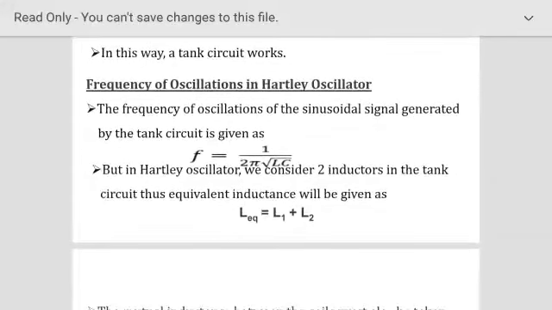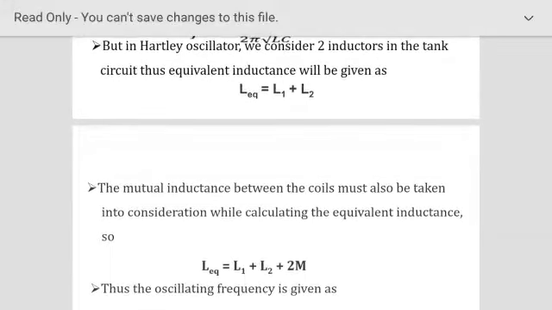Here, to measure the frequency of oscillations, the one mathematical formula we use in Hartley oscillator is f = 1 / (2π√(LC)). Here in Hartley we consider two inductors in the tank circuit, so the equivalent inductance L equivalent equals L1 plus L2.